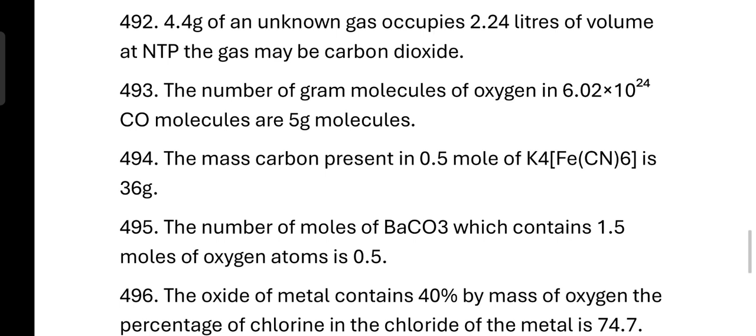The gas may be carbon dioxide. The number of gram molecules of oxygen in 6.02 into 10 to the power of 24 CO molecules is 5 gram molecules.